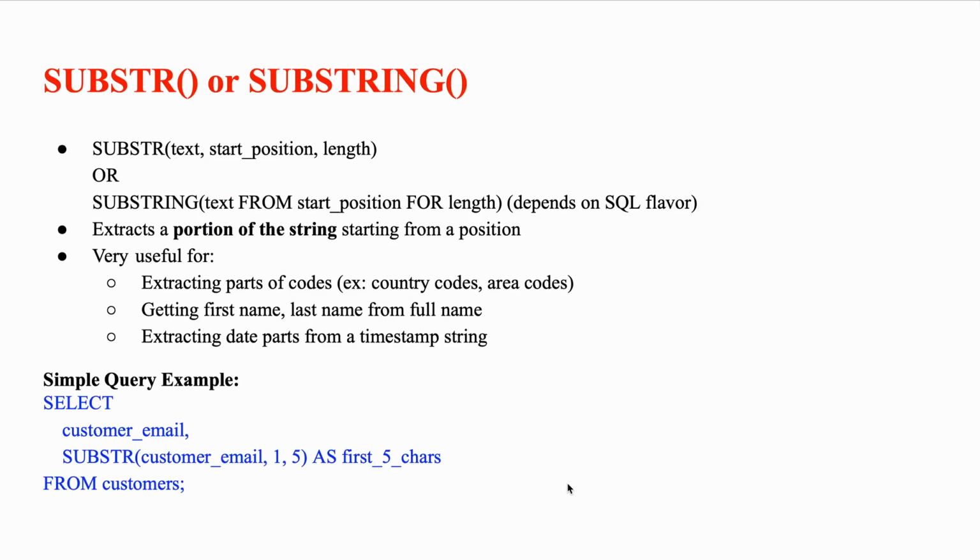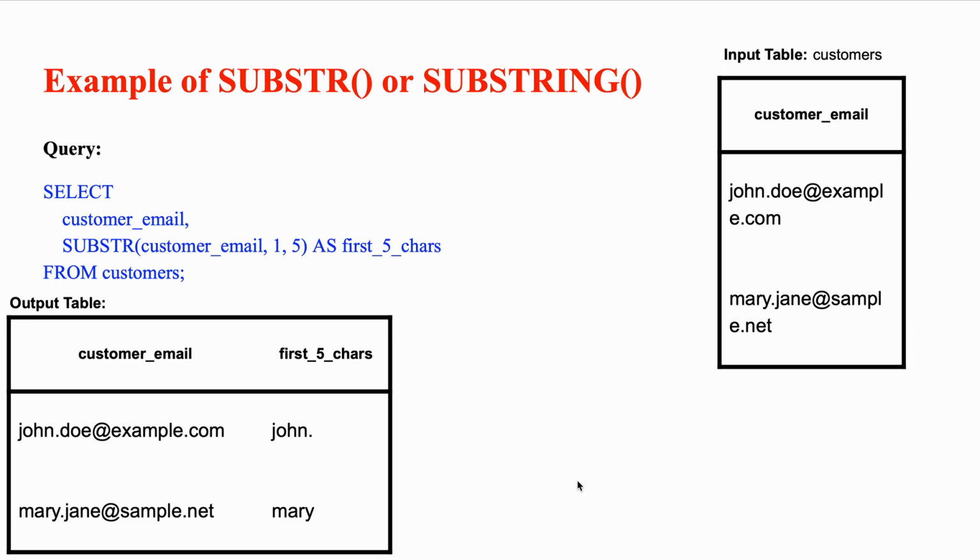The SUBSTRING function lets us extract a portion of a string starting at a specific position and for a certain length. This is very useful when we need to pull out just part of the text, like the first few characters or a specific section of a product code or an email. Here's an example. Suppose we have a list of customer emails.